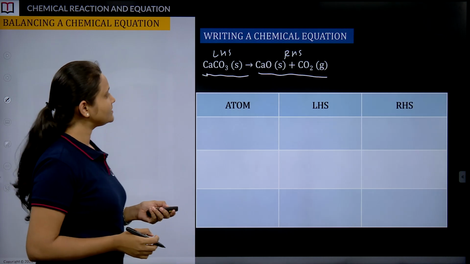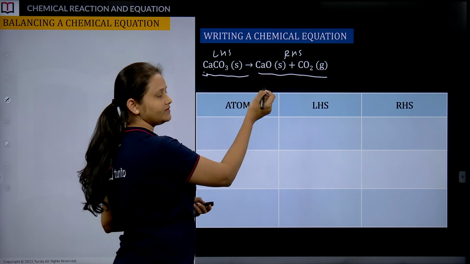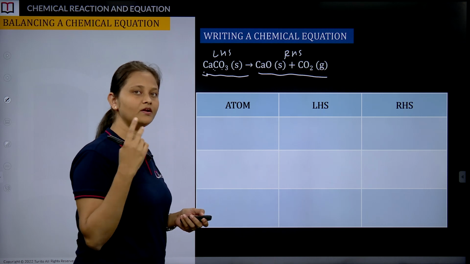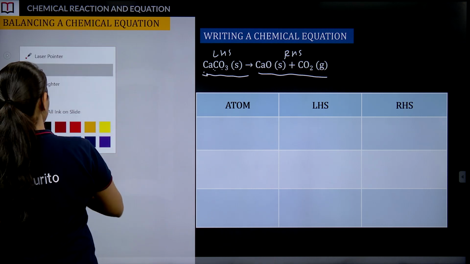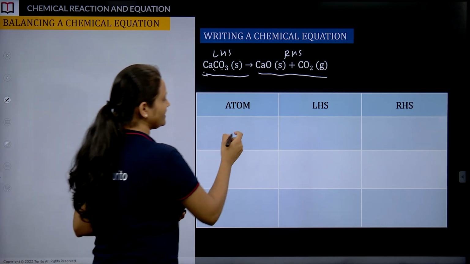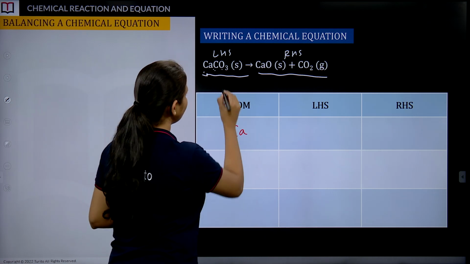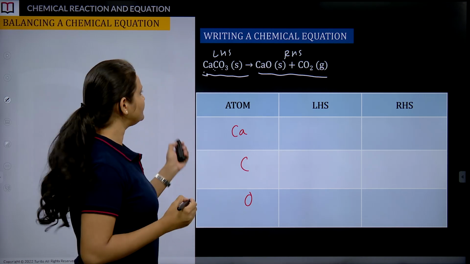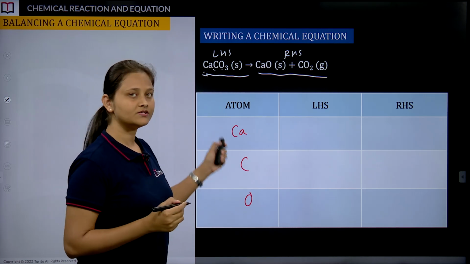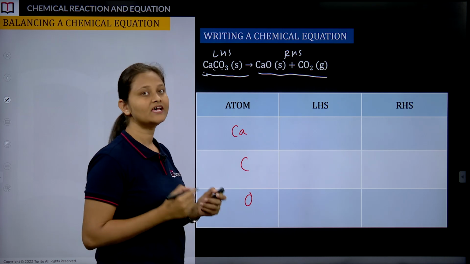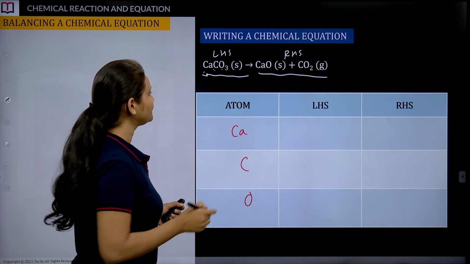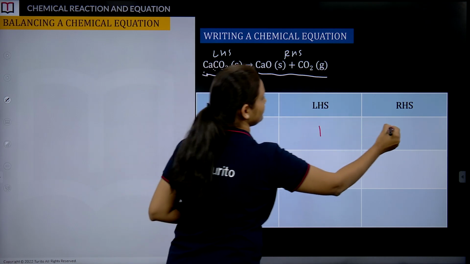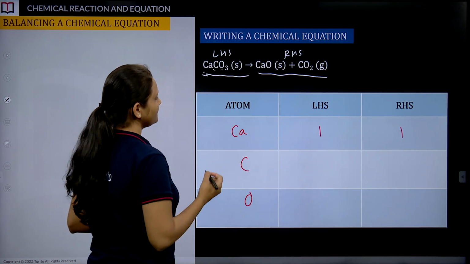Here if you see, we have calcium carbonate, CaCO3, with calcium, carbon and oxygen. Let me quickly write it here. We have calcium, then carbon, then oxygen. Then we just need to see how many atoms these different elements have on both sides. On the left side, calcium is 1, and on the RHS it's 1.